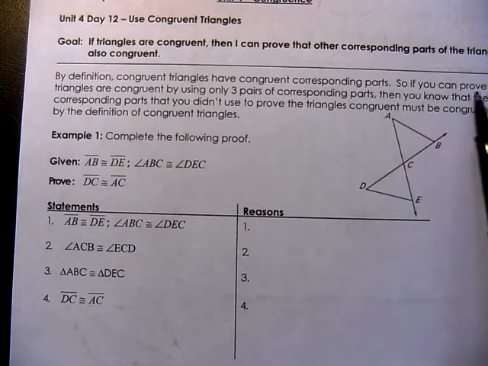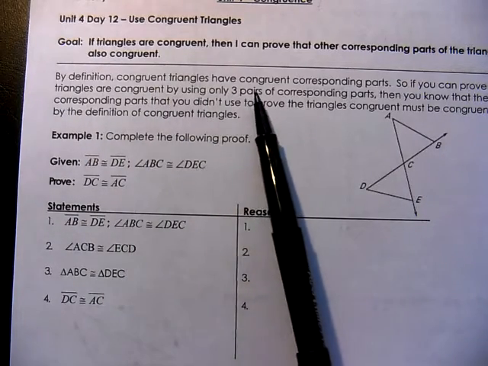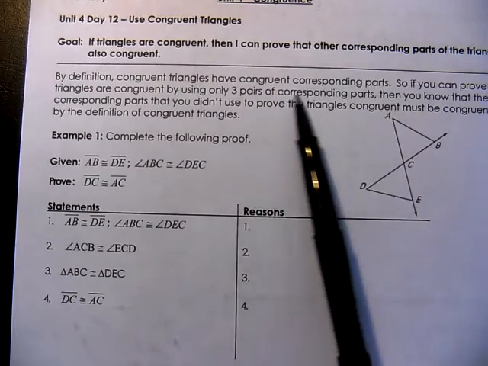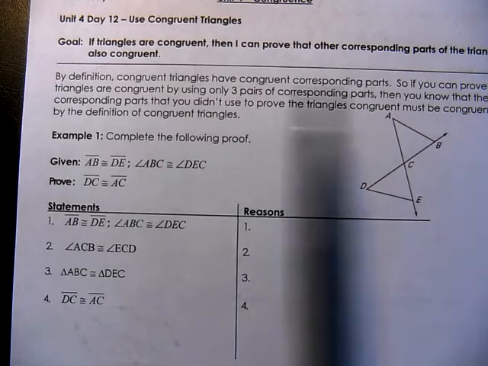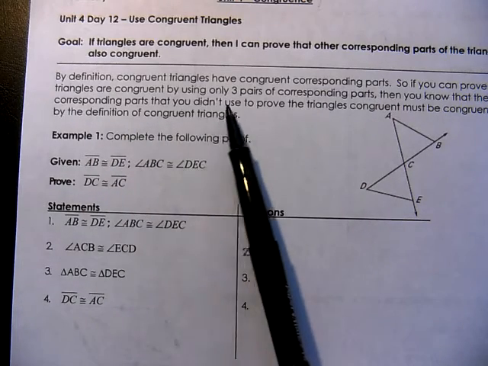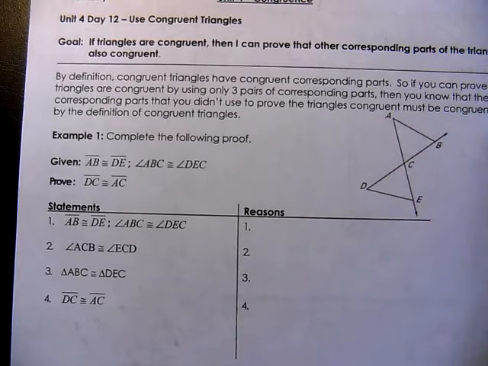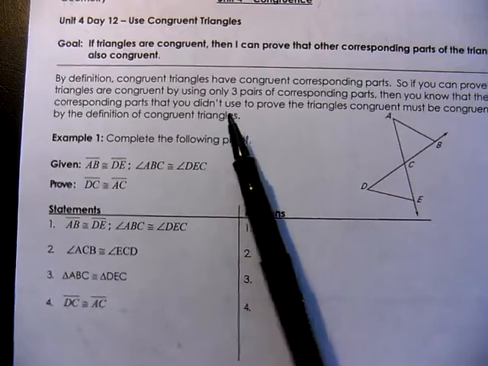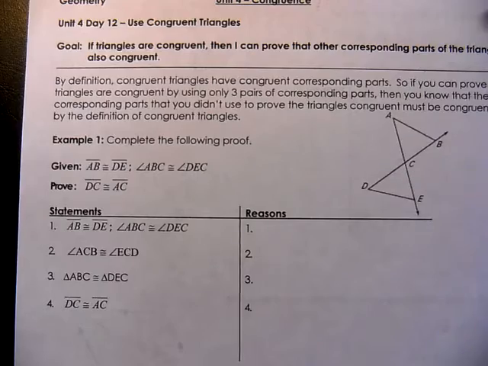So, if you can prove that two triangles are congruent by using only 3 pairs of corresponding parts, remember you always need 3 pairs of corresponding parts to be congruent, then you know that the other 3 corresponding parts that you didn't use to prove the triangles are congruent must be congruent as well by the definition of congruent triangles. Let's work that through and talk about this.